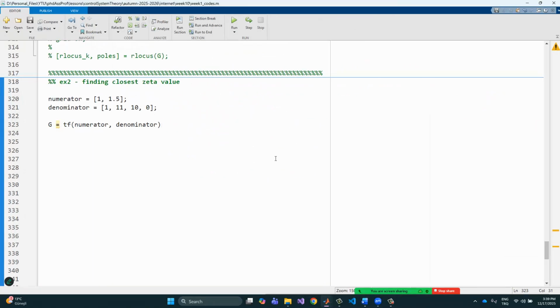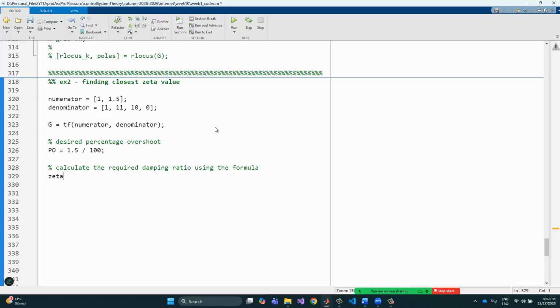Okay, so we want to set the desired percentage overshoot here. In this case, for example, PO. PO is equals to 1.5 over 100, which means that 1.5% of the overshoot is desired in here. And so how can we calculate or find the zeta values in here, the required damping ratio in here using the formula?